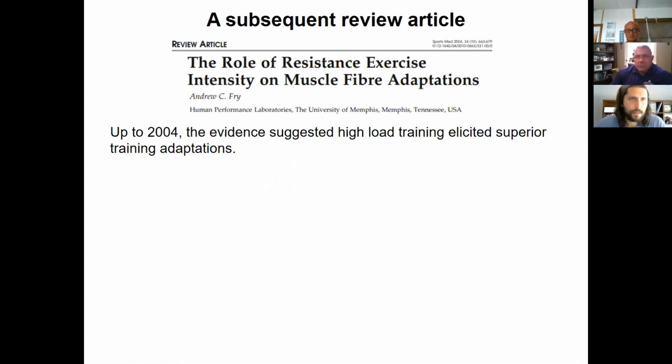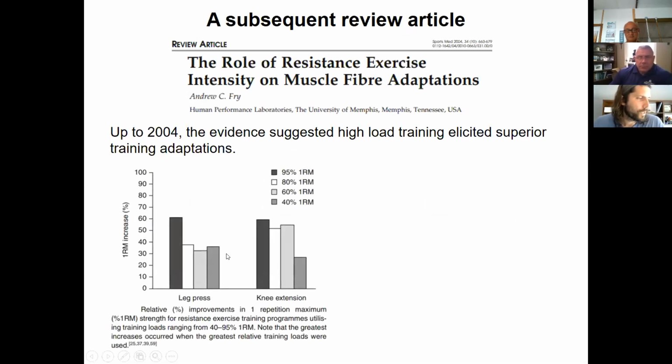After that paper was published, Andy Fry published a very nice comprehensive review article. And again, the gist of the article was if you train with higher loads, this is based on 4 studies, you typically see the greatest increase in 1RM strength based on leg press and leg extension.